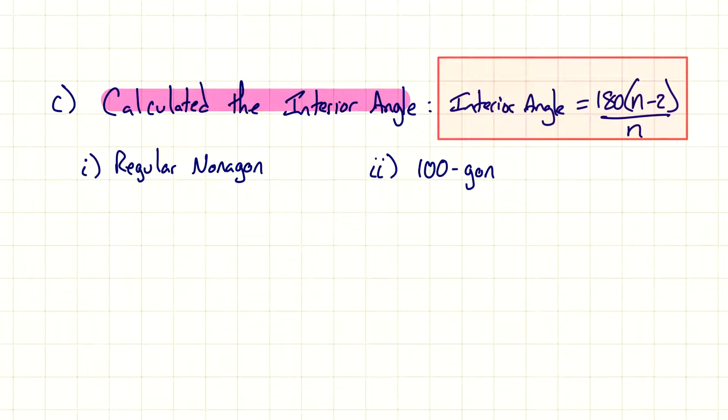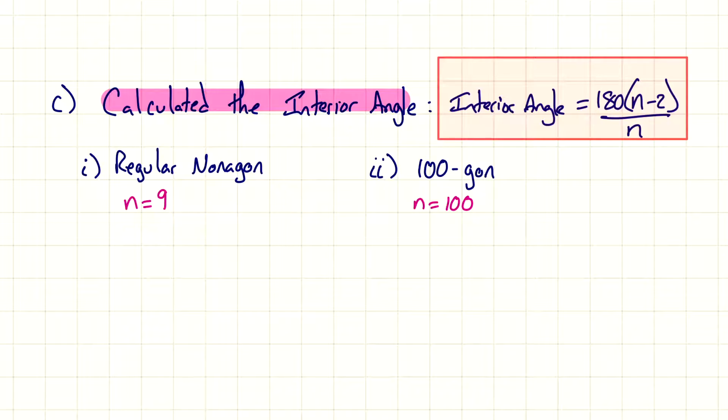All right, so let's see if you got these correct. So nonagon was how many sides? This should be n equals 9. And then the hundredgon, that's going to be n equals 100. That's what we're starting with.